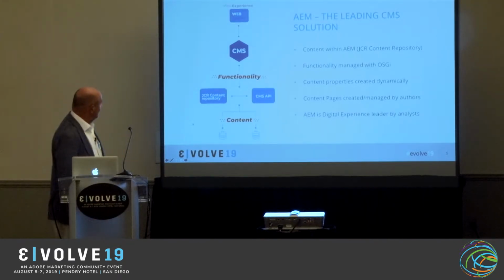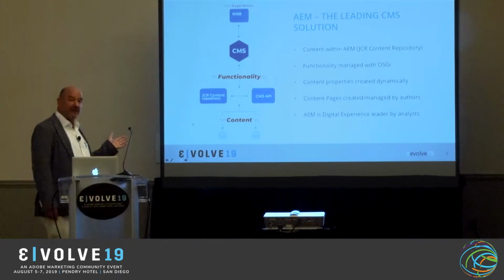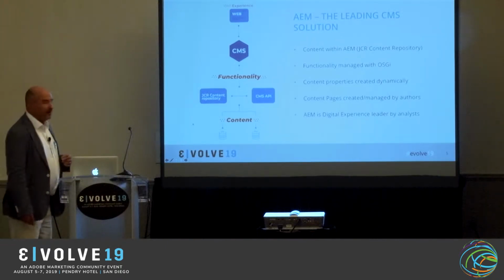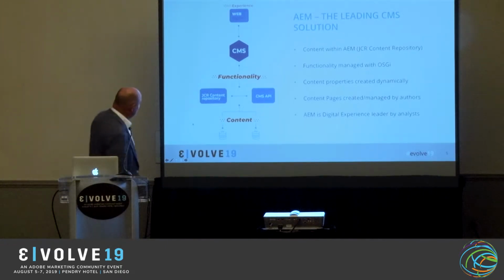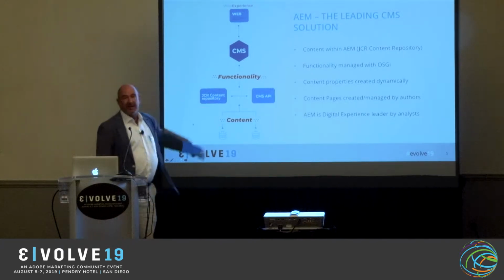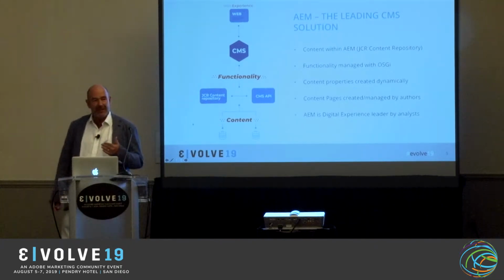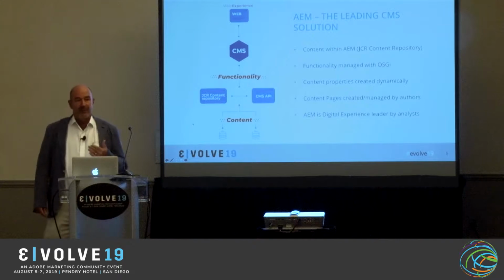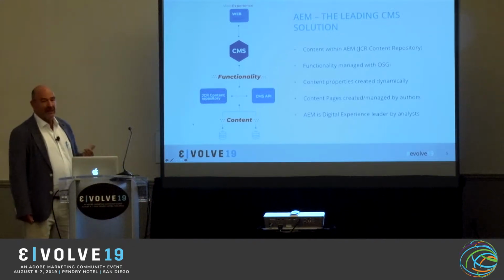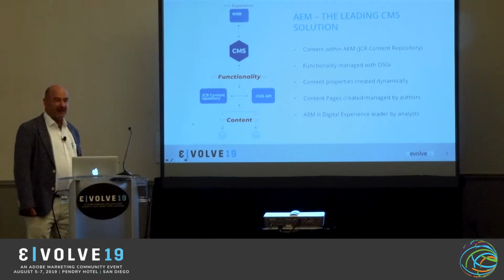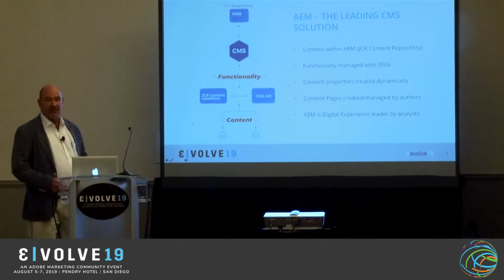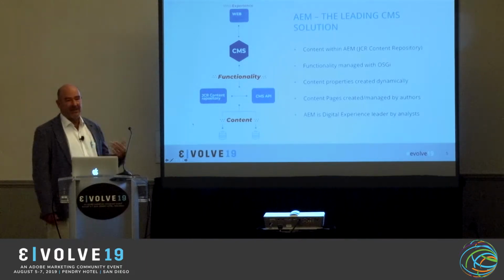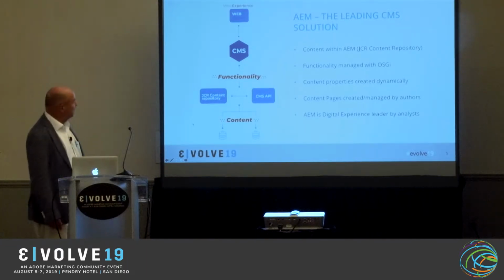This is one of the benefits of why AEM is such a popular CMS, mainly because of the Content Repository API. This API allows users or authors to generate new content elements dynamically, which in a database world requires some sort of data modeling, entity relationship model changes, and things like that.